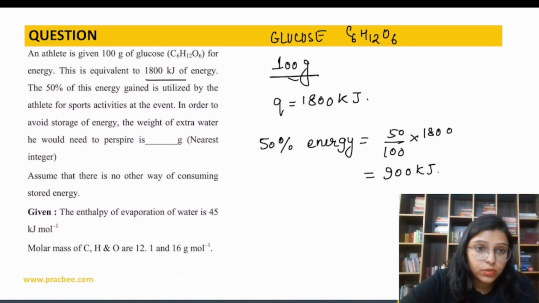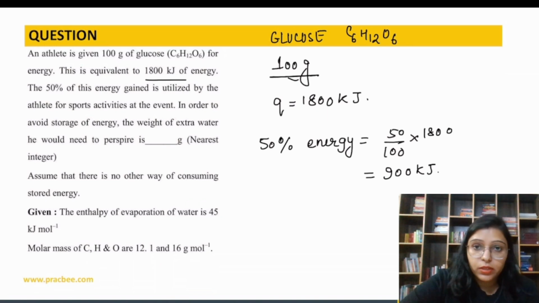In order to avoid storage of food, that is storage of energy, the weight of extra water he would need to perspire is asked. The energy he cannot store, he needs to remove in the form of sweat.